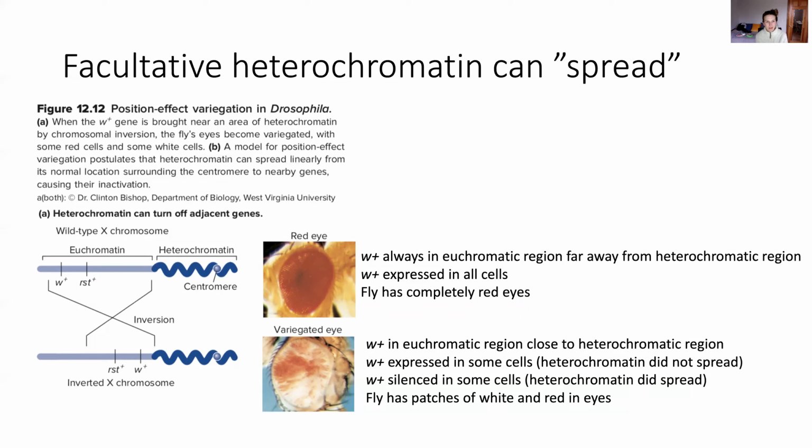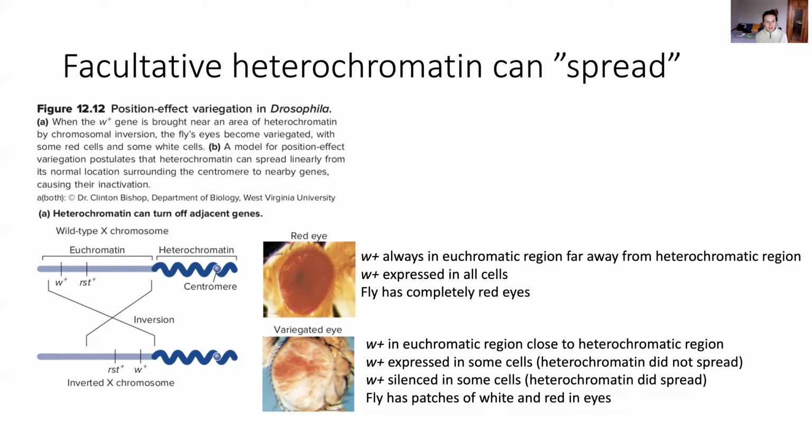And let's just look at the top for now. If you look at that fly, it's going to have a red eye because the wild type white gene makes red. I know everything is named backwards. But the wild type white gene is always expressed because it's in the euchromatin region that's far away from the heterochromatin region. And it's expressed in all of the cells.